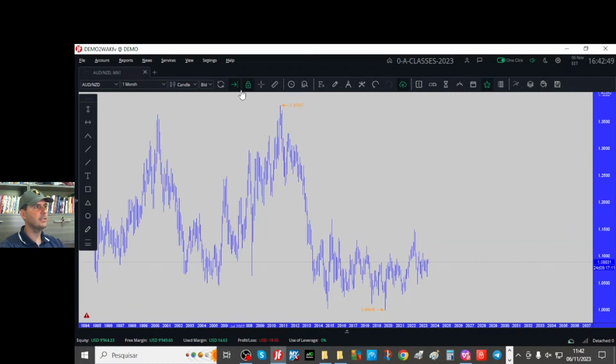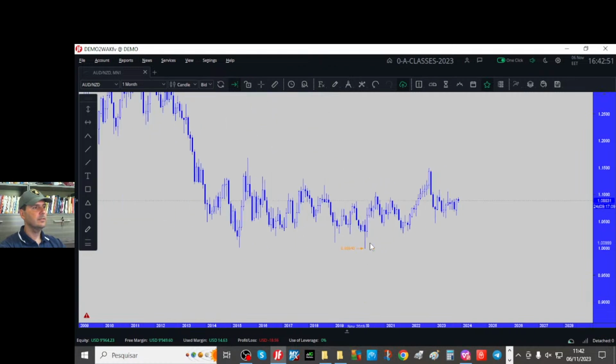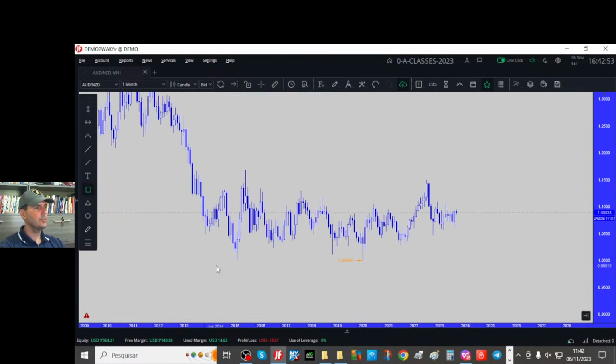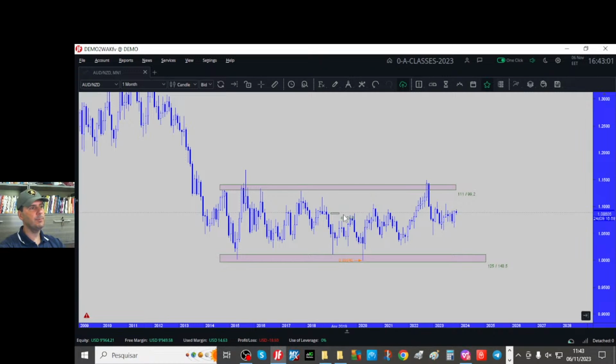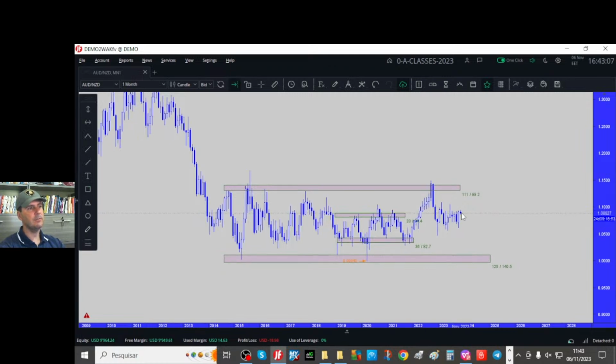You're going to understand now. AUD NZD, so far it's locked in this consolidation. Alright, this is the big picture. But inside this big picture you have smaller consolidation. Can you see it, everybody? And it's even happening right now. Can you see everybody small consolidation?